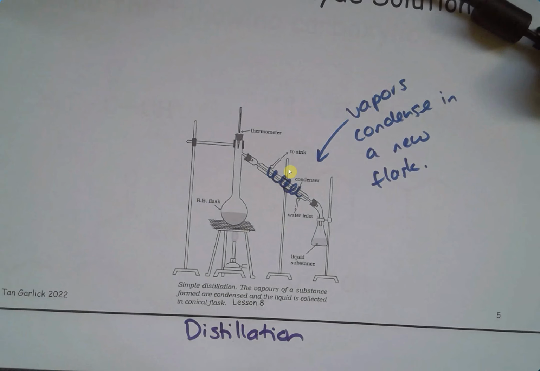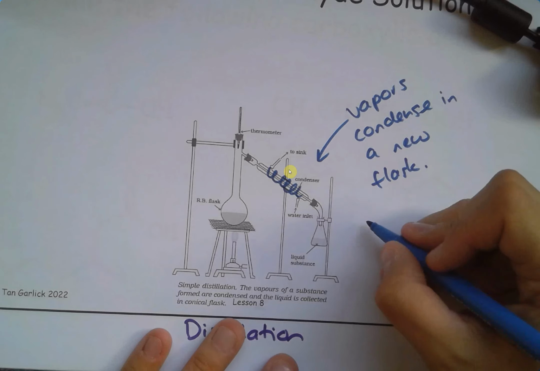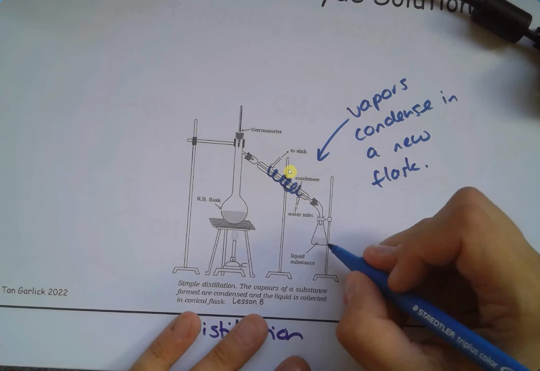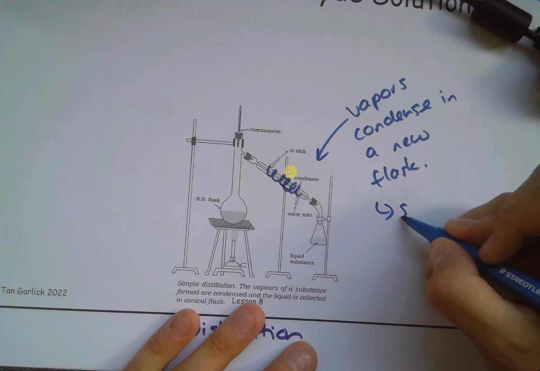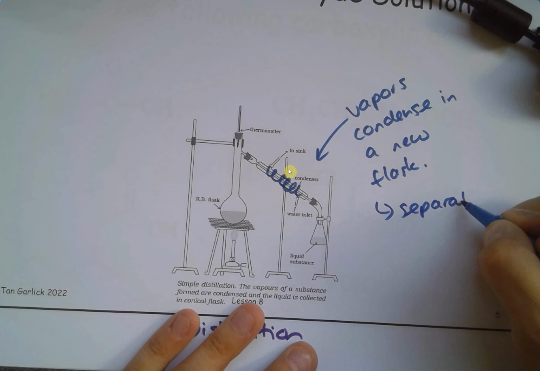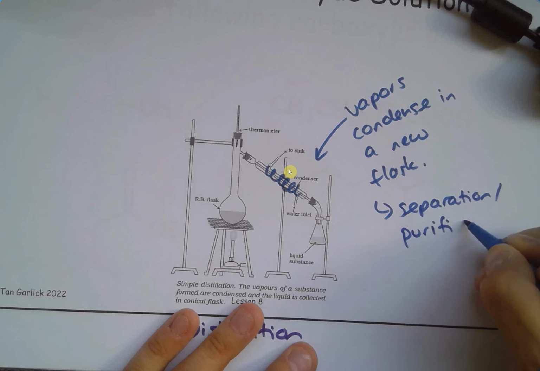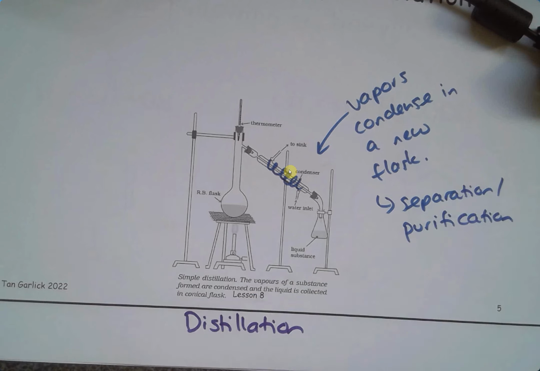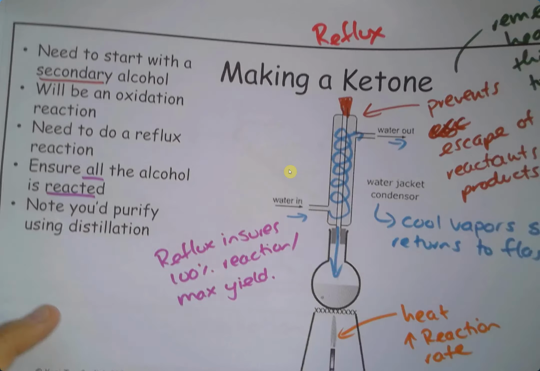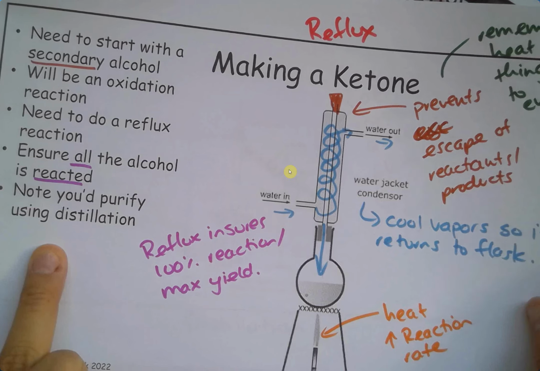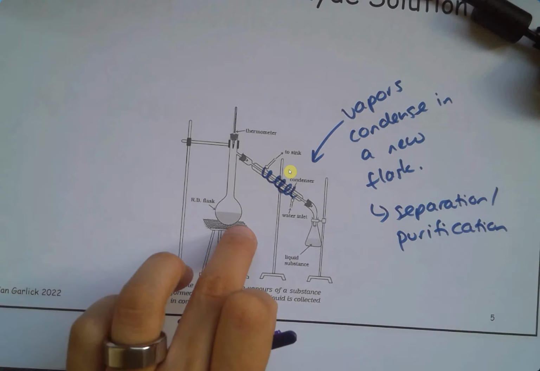And so that's something that we can use as a separation technique and as a purification technique. So if you remember in the ketone notes that I was writing, I said then you'd purify, you're using distillation. This is distillation.